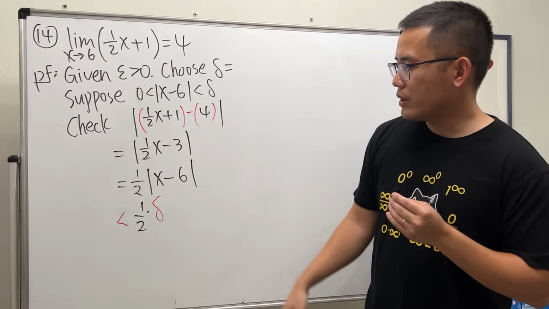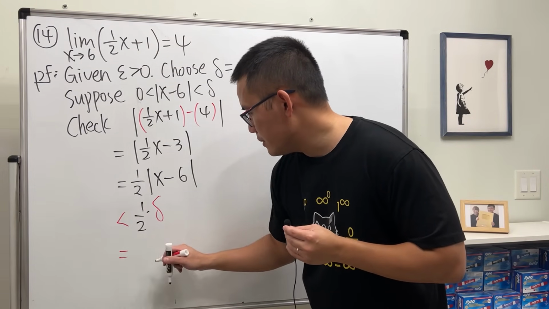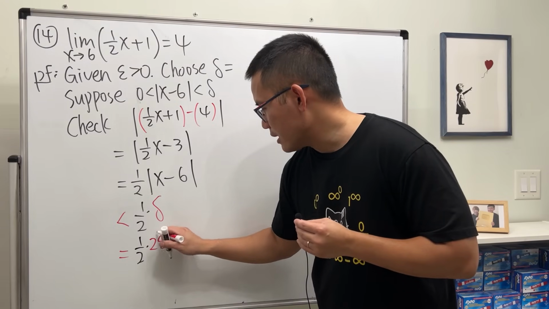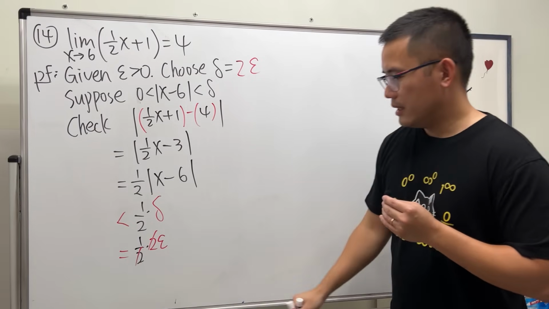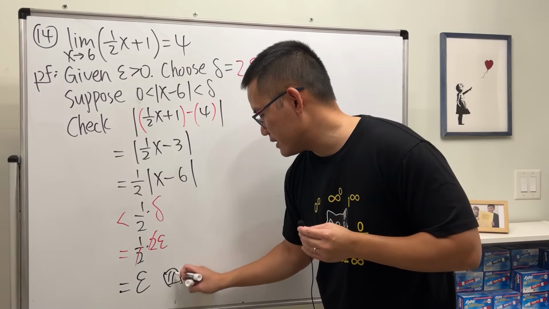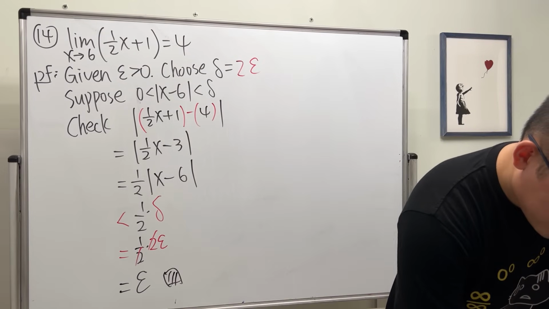Right? And then figure out what delta should be. And I will just tell you delta should be 2 epsilon because they cancel. So I'll just say 2 epsilon. Finally, write down the epsilon, box it. Just like that. All right.